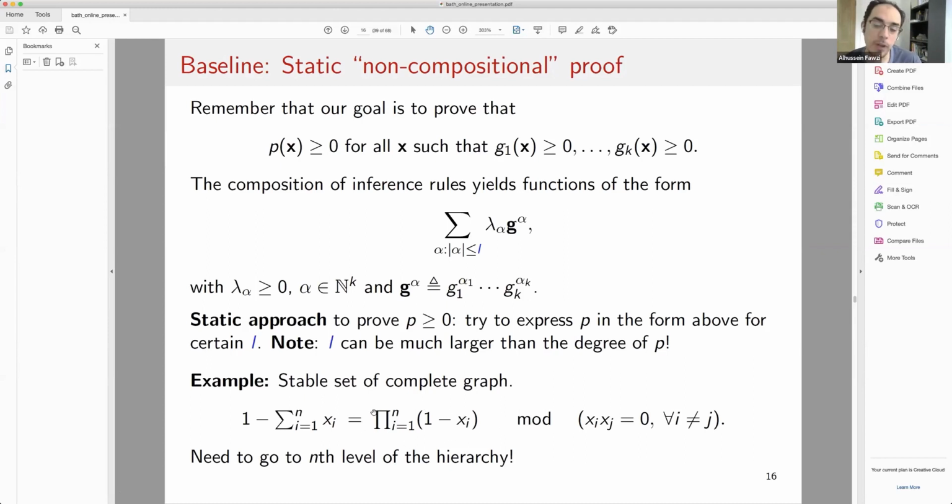So you really need to go to the nth level of the hierarchy in order to prove something about a polynomial that is just of degree 1. And the nth level of the hierarchy is a very, very large search space, and you cannot afford to solve a linear optimization problem on it. Okay.